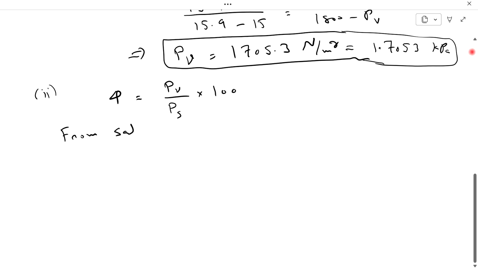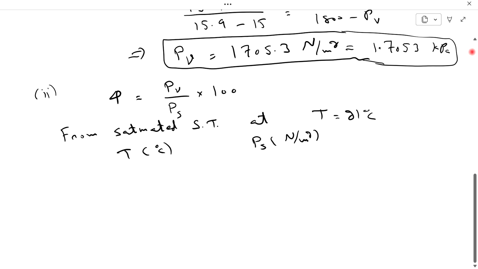From the saturated steam table, at temperature equal to 21 degree centigrade, we have to find the saturation pressure PS, but 21 is not given in the table, so we will do interpolation. Temperature in degree centigrade, saturation pressure in Newton per square meter.